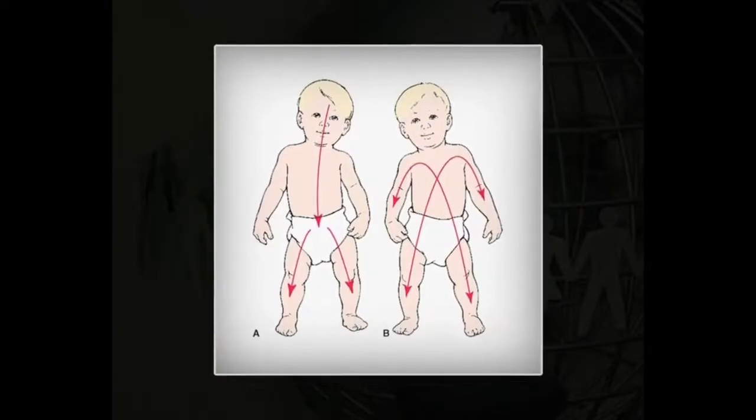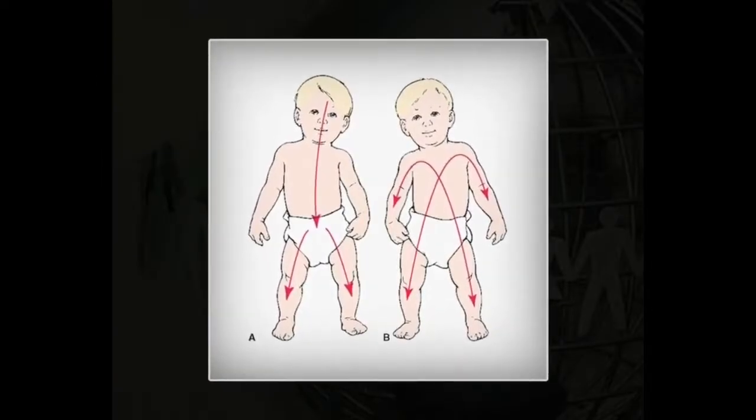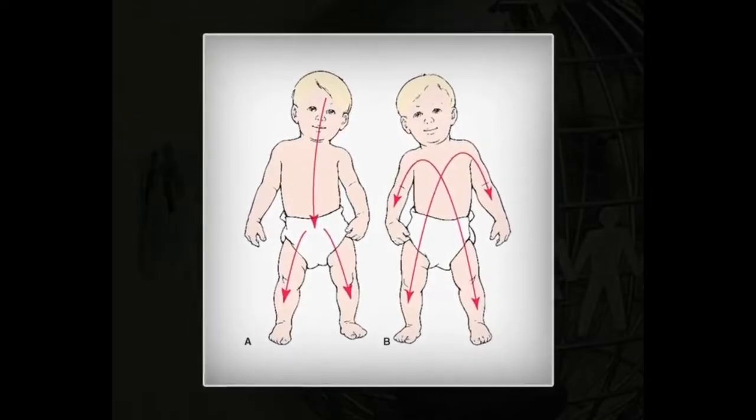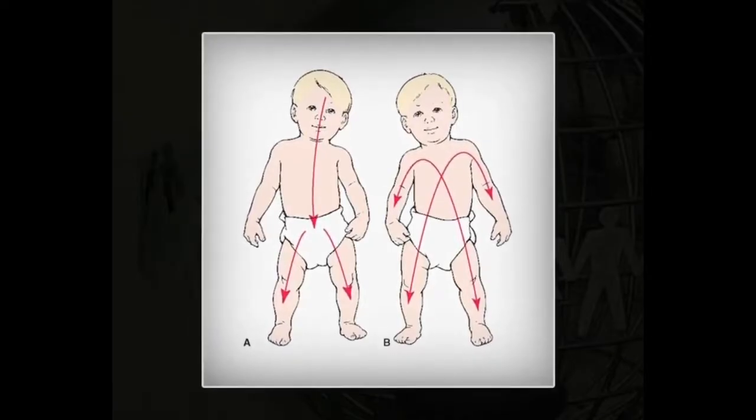Proximodistal: the control of movements matures from the central or proximal areas of the body to outer or peripheral areas. For instance, the infant gains control over its body, then its arm movements, hand movements and finally the finger movements. Likewise, they gain control over the leg, foot and finally the toe movements.